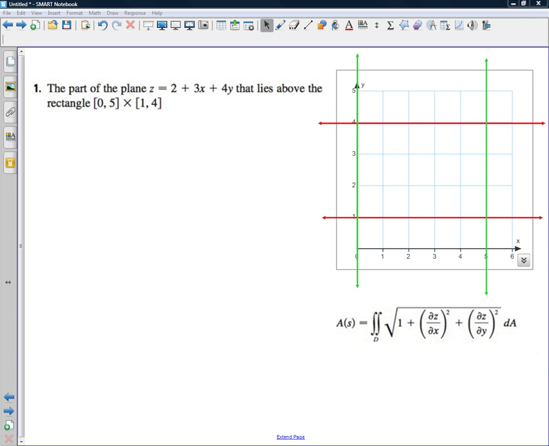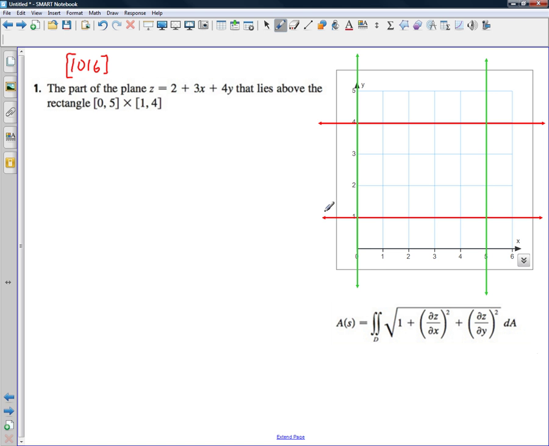This is number 1 from page 1016. And maybe I should have started with this one, but I started with number 9 because it related to a previous section, and then certainly example problem number 9 relates to an earlier section. Well, number 1, we'll just take a look at it.